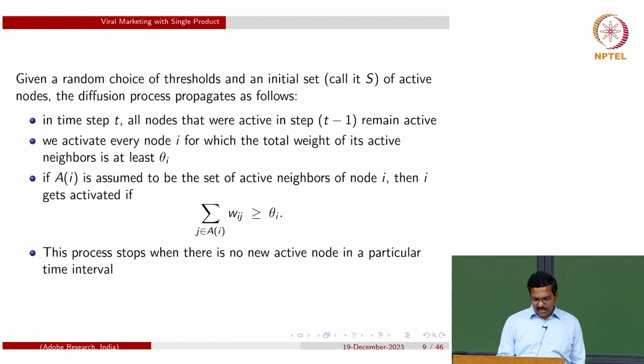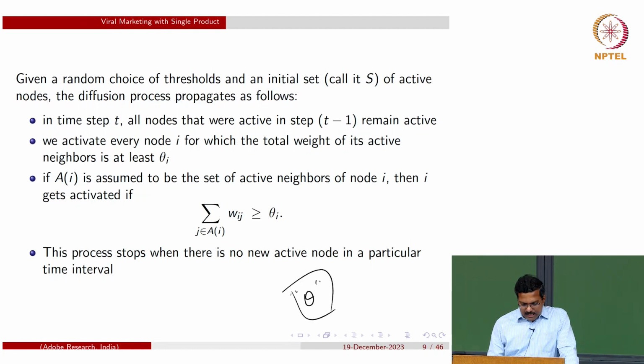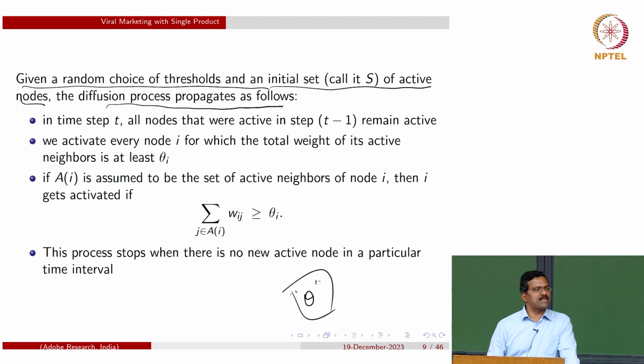Given a random choice of these thresholds, thetas, for every node, which is a random process, and an initial set S of active nodes, these two are given: thetas for all the nodes and the initial set of active nodes. The diffusion process propagates as follows.